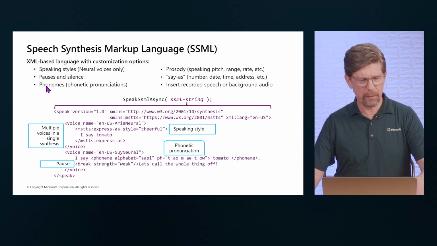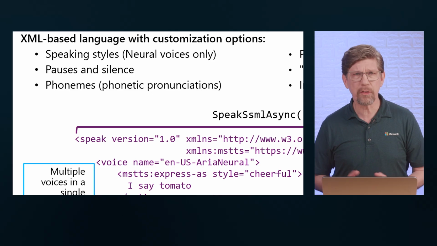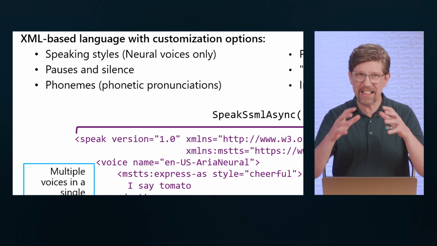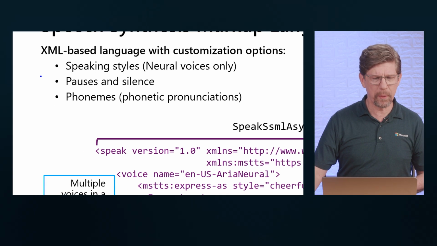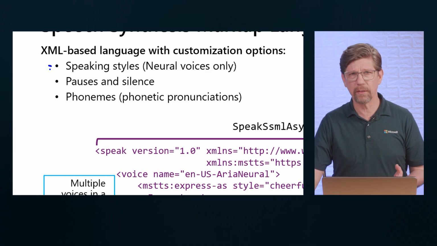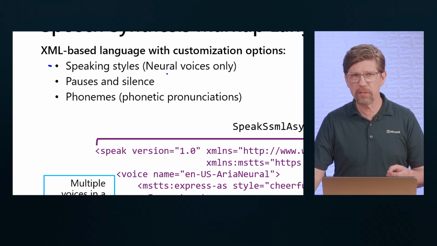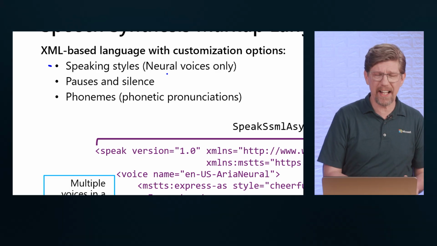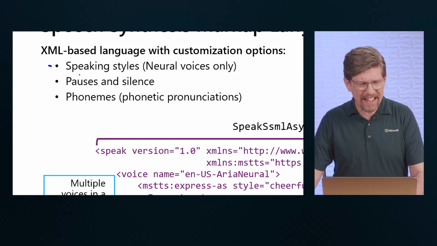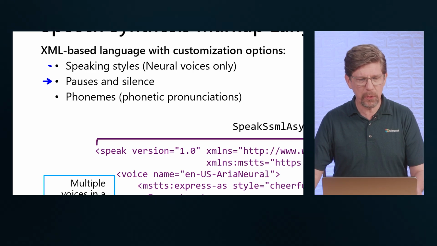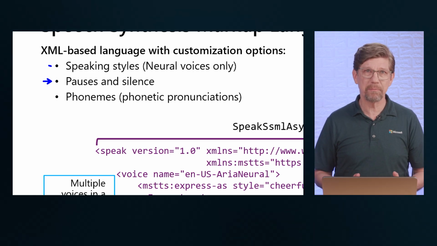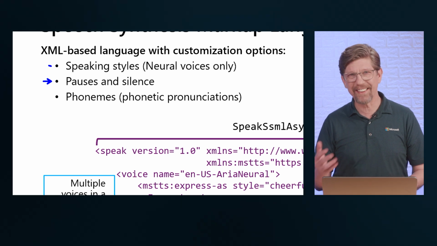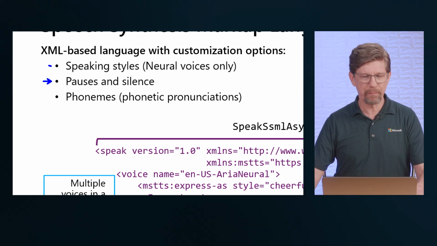So you'll see we've got a number of different parameters that we can pass into that XML document. So we can pass in the speaking style. There are what are called neural voices, which we could say, I want this to be excited or sad. In the XML, you could also include things like a pause or silence in those sections.